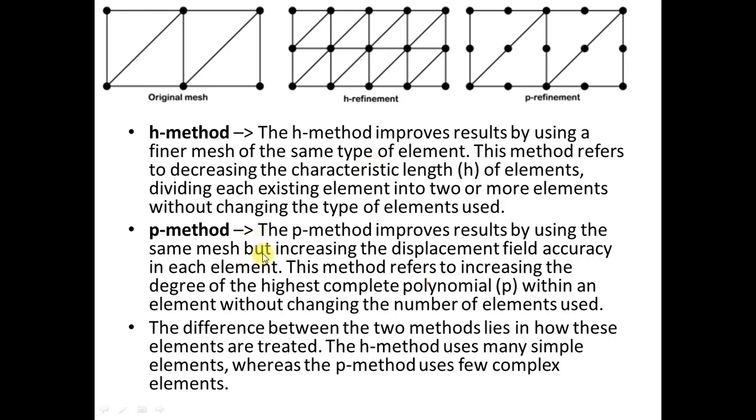And another method is the P method. The P method improves the result by using the same mesh but increasing the displacement field accuracy in each element. This method refers to increasing the degree of the highest complete polynomial. So that means in P, the same number of elements are there, but the degree of freedom of that element is increased, so that we can get a more accurate solution.